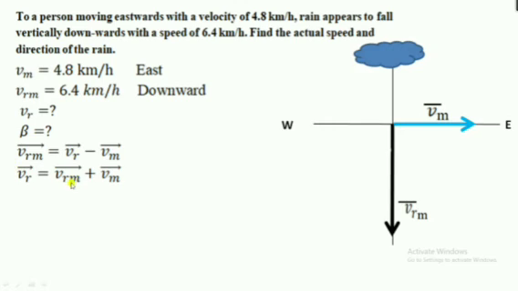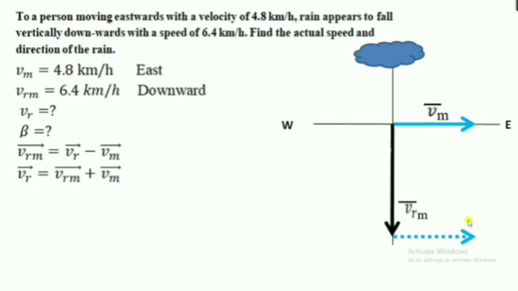So VR is the resultant of VRM and VM. So resultant of these two will give us V rain. But right now I cannot use triangle law because tip and toe are not coming together. In order to make tip toe together, I'll shift this vector down out here. So now I can use the triangle law.